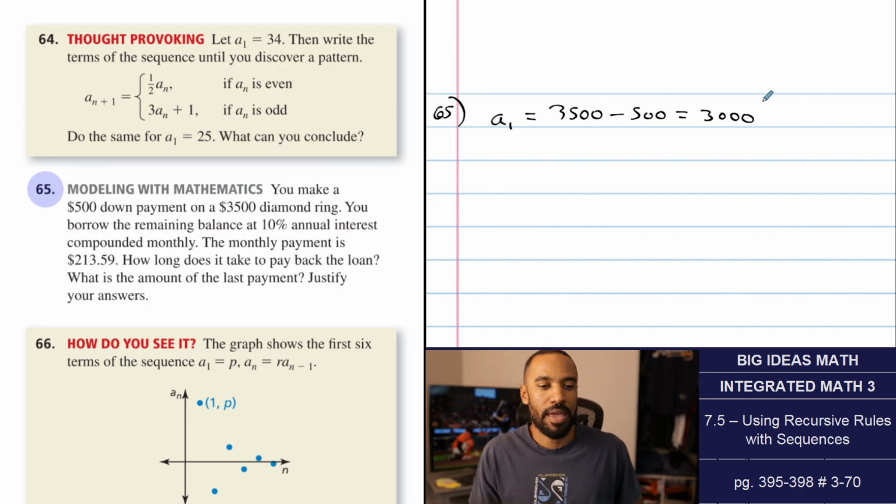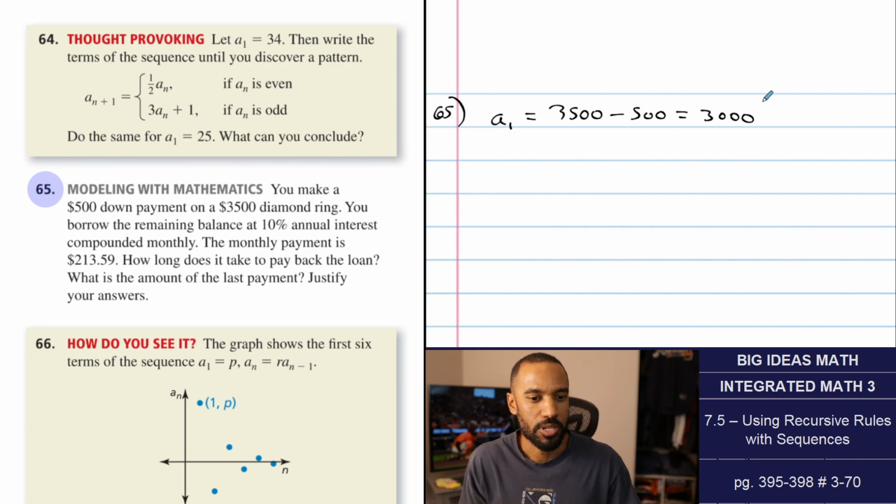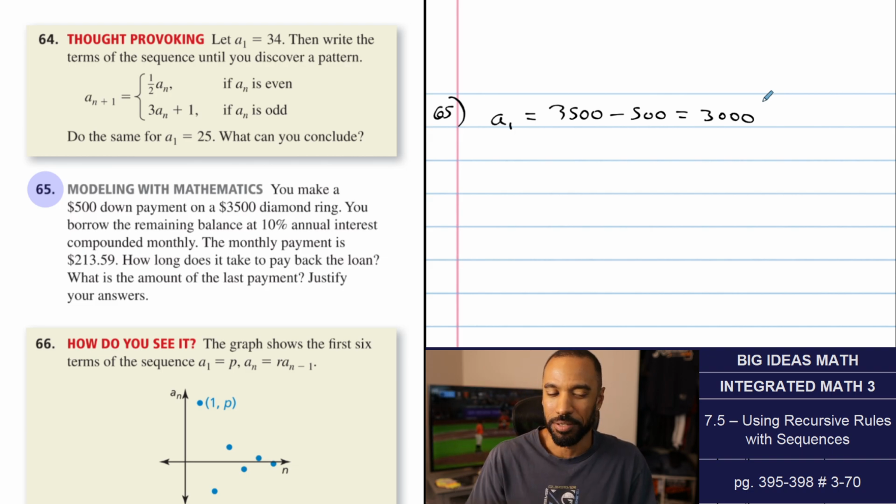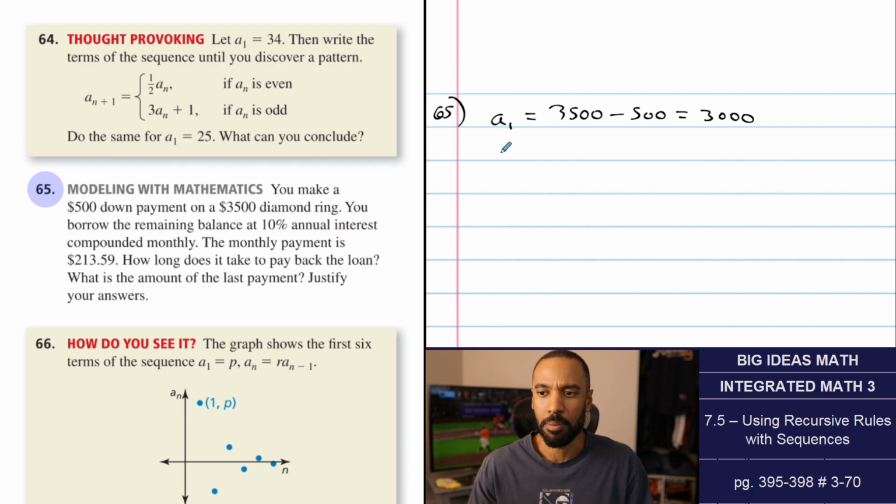You borrow the remaining balance at 10% annual interest, compounded monthly. That means I'll get that 0.1. 0.1 divided by 12 is not going to get me anything great either, so I'm just going to do it this way that I did last time. 10% compounded monthly. Boom. That's going to be my common ratio.